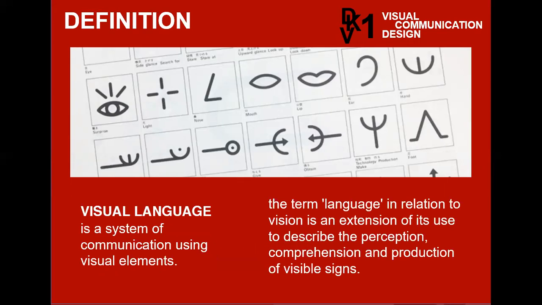Now, the definition. Visual language is a system of communication using visual elements. By using visual elements, we communicate. So visual language is a system with rules over it. The term language in relation to vision is an extension of its use to describe the perception, comprehension, and production of visible signs, as you can see here.